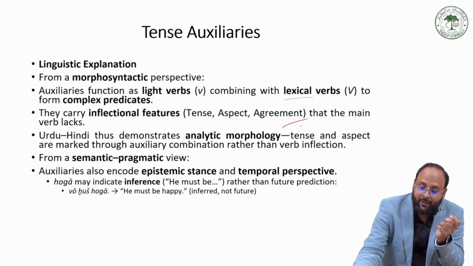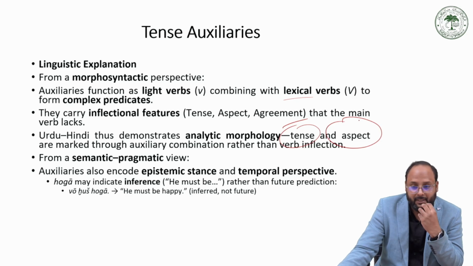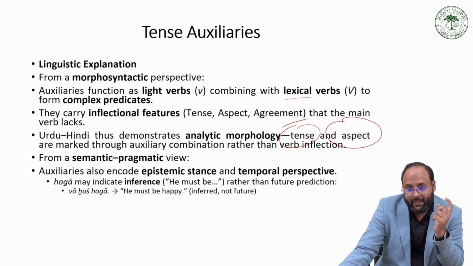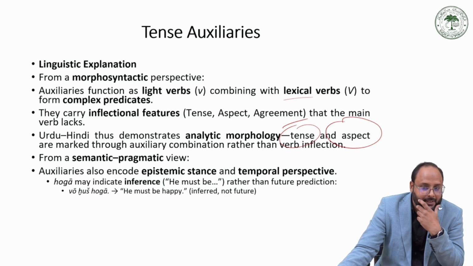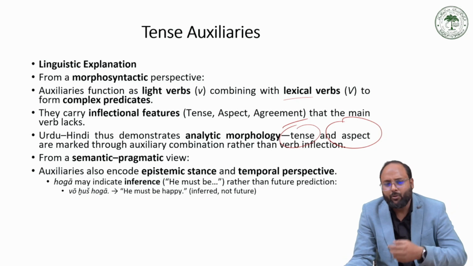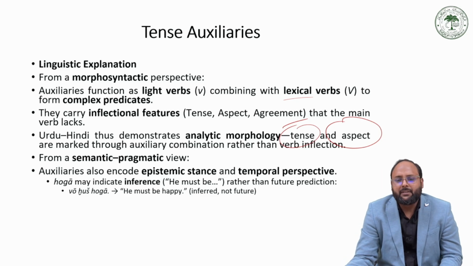So this inflection, the changes in the tense and aspect, is actually expressed by either the auxiliary or by the combination of main verb and auxiliaries. So auxiliary has the role in this modification of tense and aspect. So from the semantic and pragmatic views, auxiliary also includes the epistemic instance or temporal perspective. So like hoga indicates the inference, like he must be, rather than the future prediction.